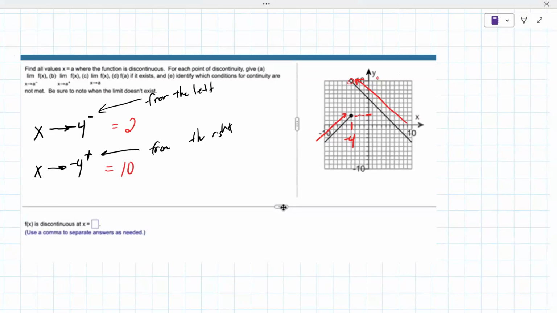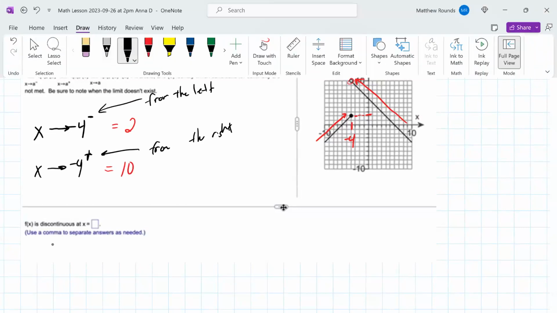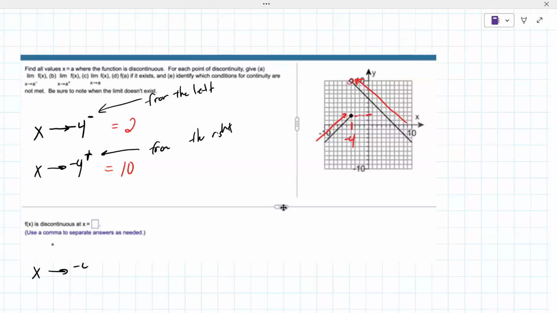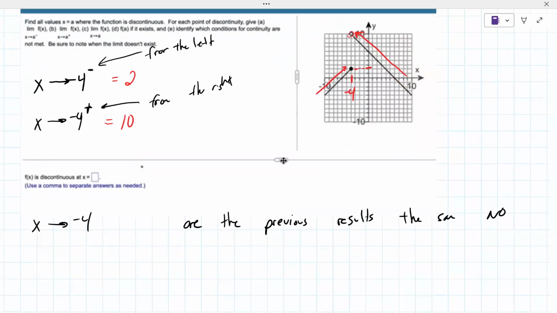Yeah. And then the last one asks for the limit as x approaches -4. What you ask yourself is, are the previous results the same? Is 2 the same as 10? No. So since they're not, it does not exist.